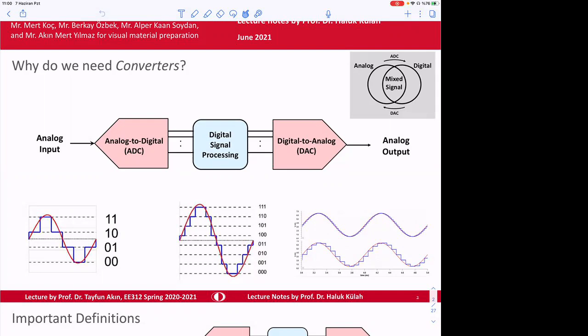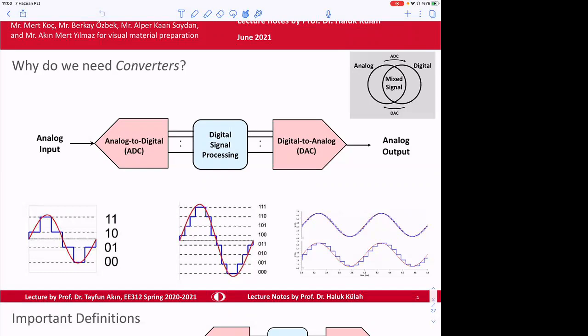And again, for 3-bit, this is going to be 2 to the power 3, different voltages. We can split that maximum peak-to-peak voltage. And then the lowest is going to be 0 0 0, and then the highest voltage can be represented with 1 1 1. As you see now, this is maybe closer to sine wave looking digitized signal.